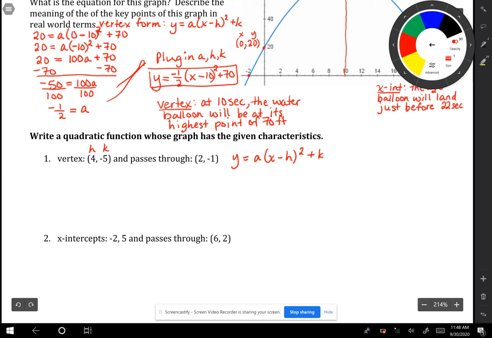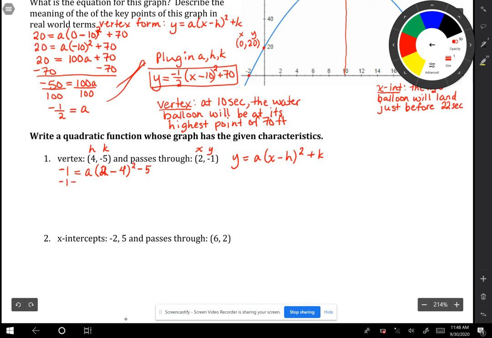H, K, X, Y. Replace Y with -1, A with nothing, X with 2. Put the minus sign in from your formula first. Now replace H with 4. Square it plus K.